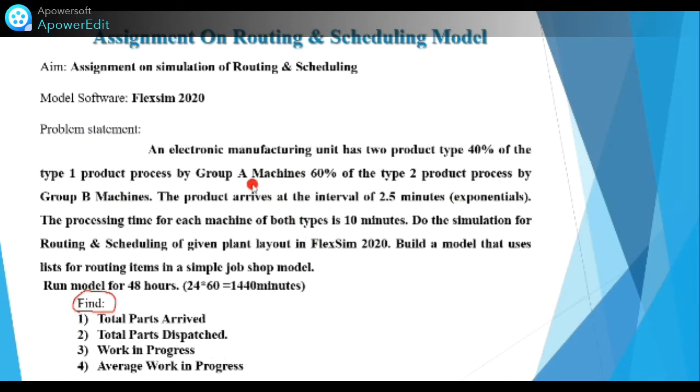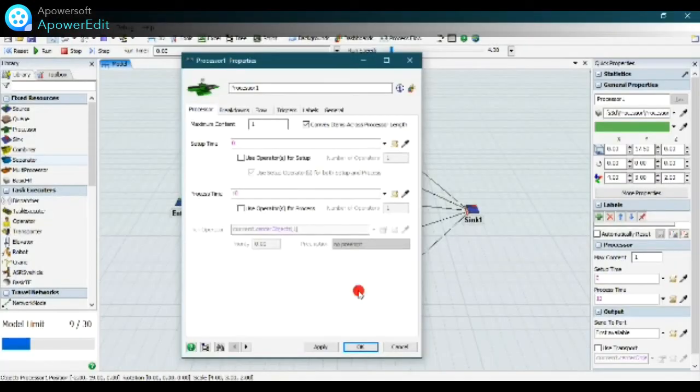So now you can see the two groups, group A and group B. We have to make two groups of machines, so change the name of processor 1 as machine 1 group A.